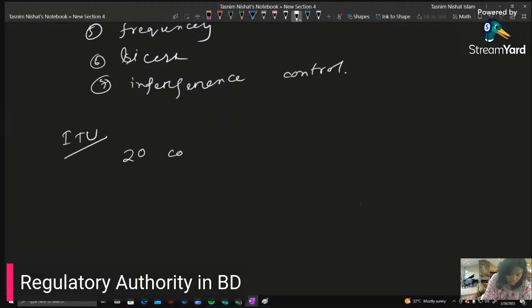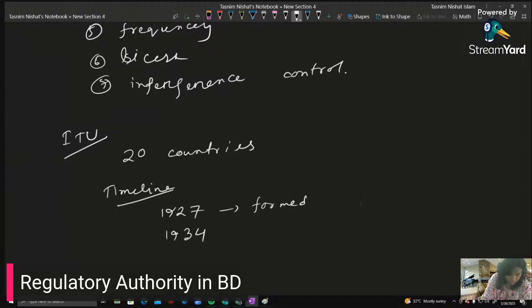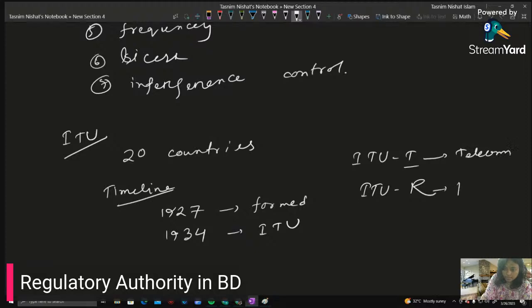So this is 20 countries, and a pretty timeline check. 1927 it was formed. 1934 it was named ITU, and they have some different branches, and these one is ITU-T, which stands for telecommunication, ITU-R, which stands for the radio communication sector, and finally we have ITU-D, which stands for development.